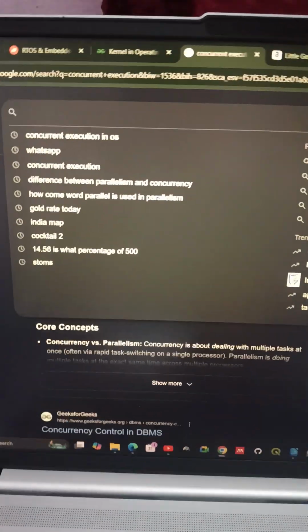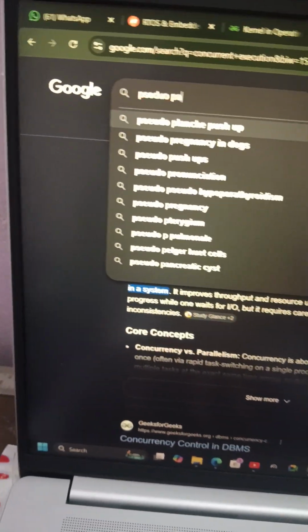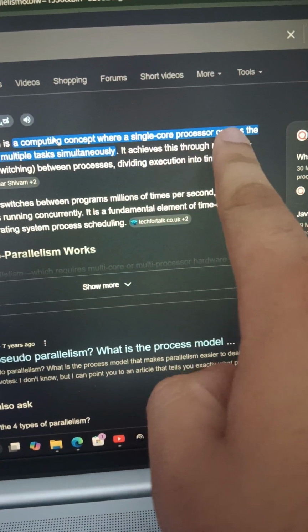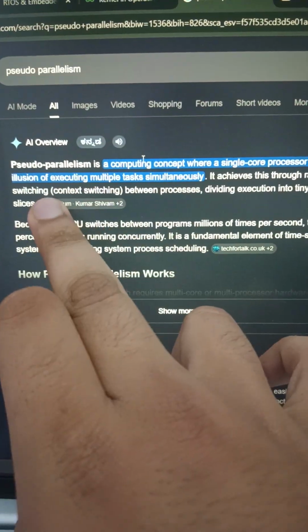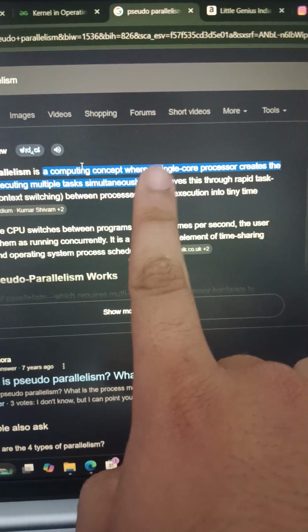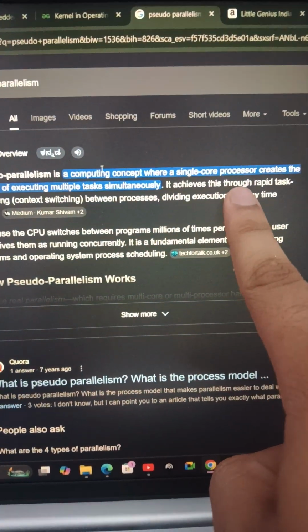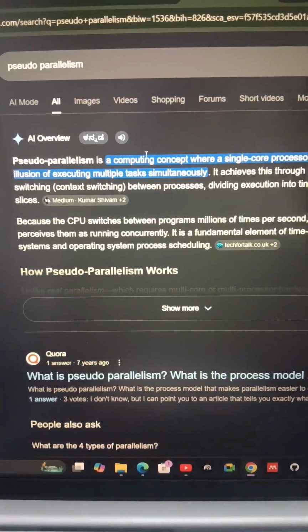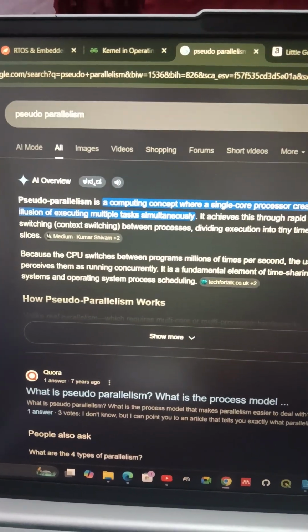Just look at this. It is a computing concept where a single core processor creates the illusion of executing multiple tasks simultaneously. Not actually parallelism, but it creates an illusion of parallelism. So pseudo parallelism is basically what concurrent execution is. It's just another name for it.